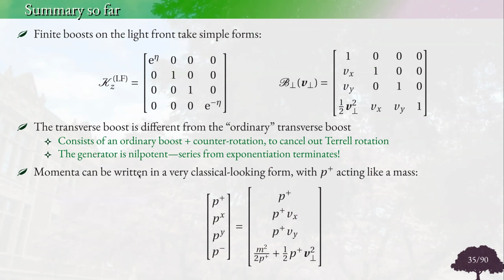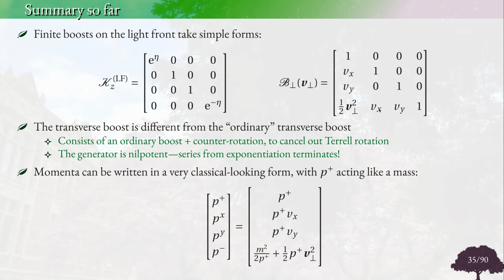We looked at finite boosts as well. We got these very nice formulas. We found that the generators of these light front transverse boosts were nilpotent. Basically, when you take the third power of them, you get zero. So if you want to build a finite boost out of these generators, the series expansion for the finite boost terminates, and you end up getting these really nice formulas for finite boosts that are at most quadratic in velocity, with the quadratic term only appearing in the minus component.